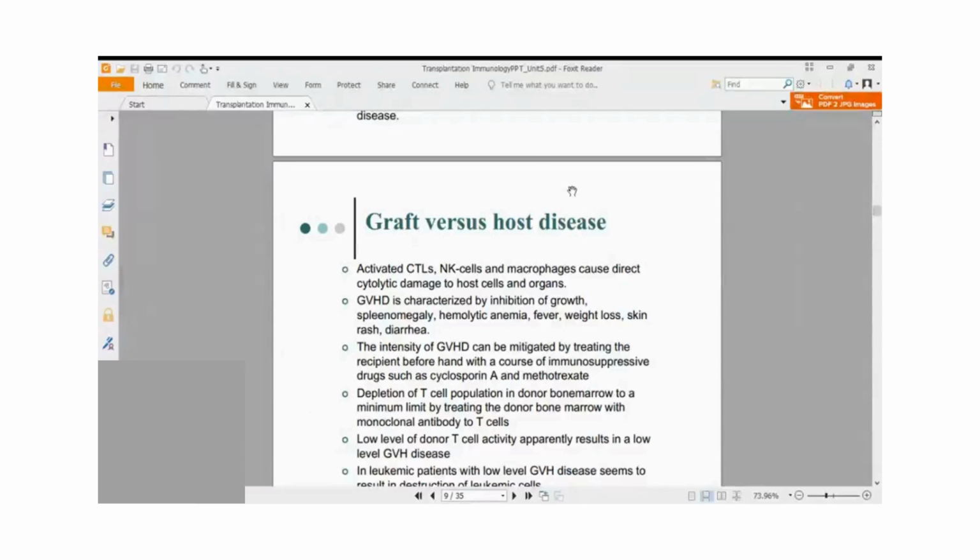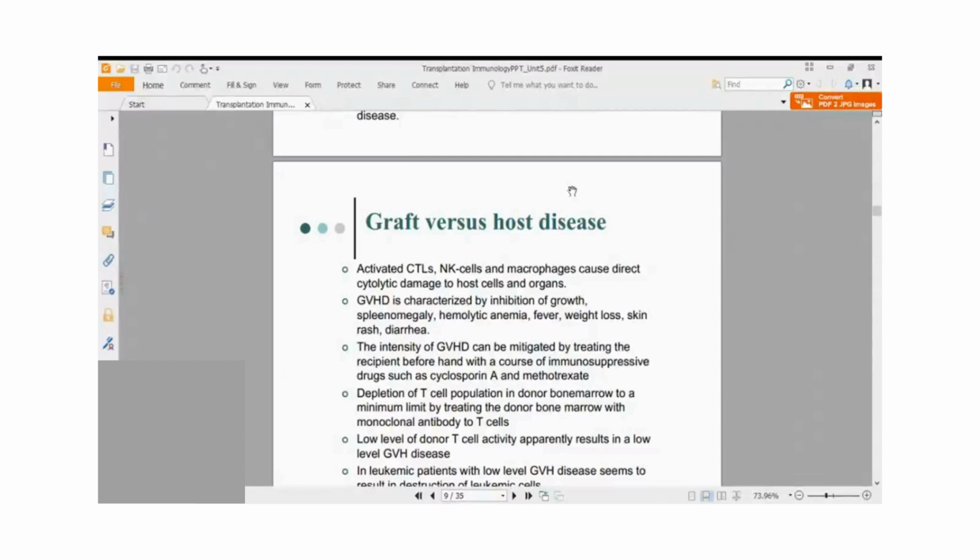Remember that. All throughout his life, after receiving the bone marrow, the person will be kept on immunosuppressive drugs at a minimum dose to prevent graft versus host disease. The moment you withdraw the immunosuppressive drugs, the graft is going to mount an immune response against the person.